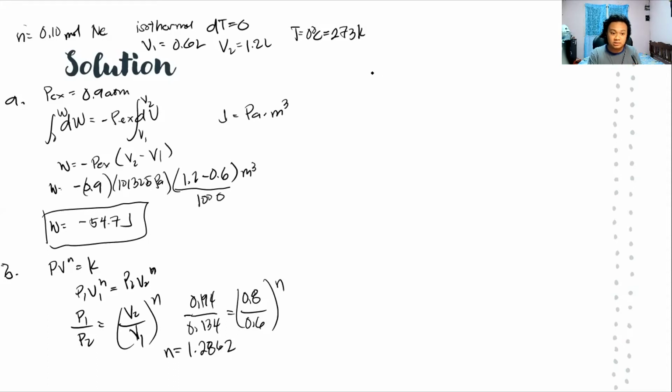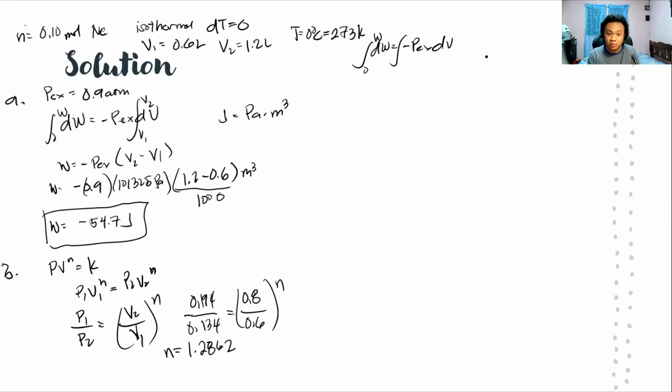So let's go to the form of our dW, diba? So dW is equal to negative PX dV. Let's integrate these, ba, from 0 to W. And then PX, we have to find the form of that equation, diba?